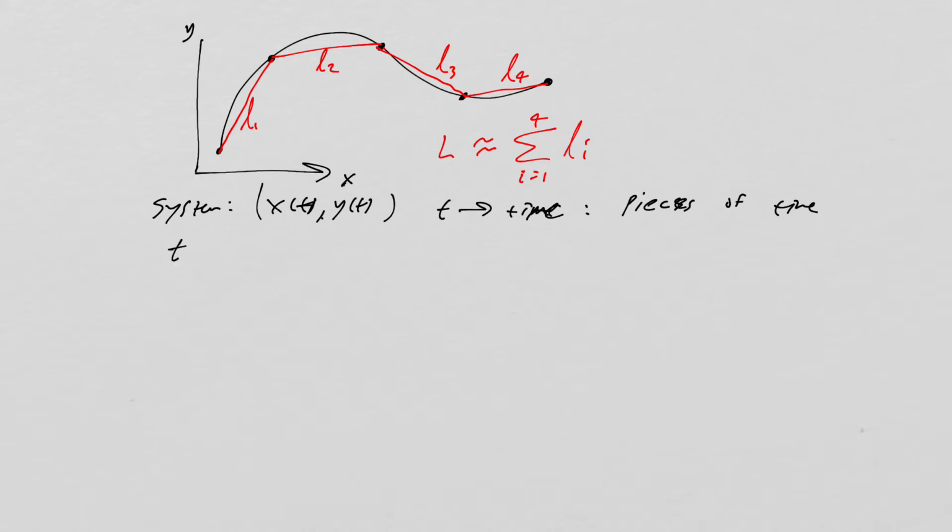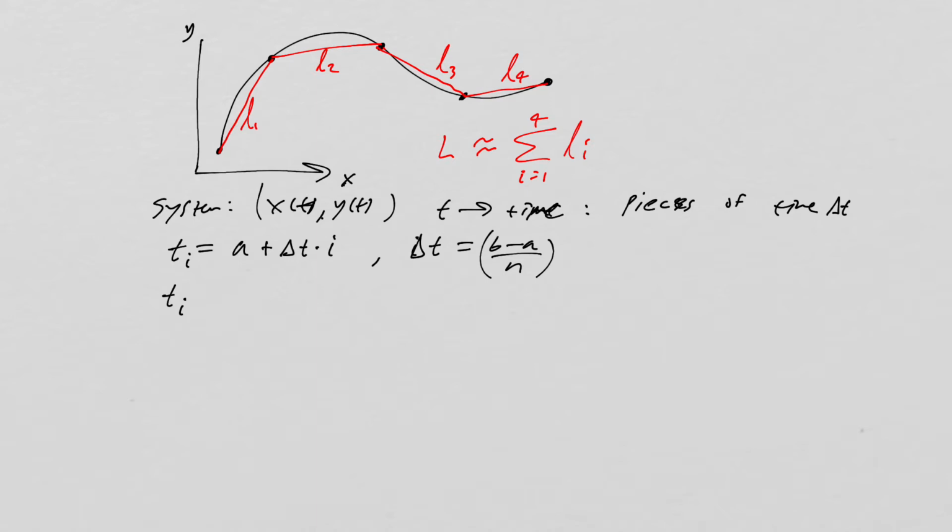So we can say t is equal to a plus delta t times i, where delta t will be our interval of time, and we're going to make it so that delta t is b minus a over n, like that, right? So those are the ti's.